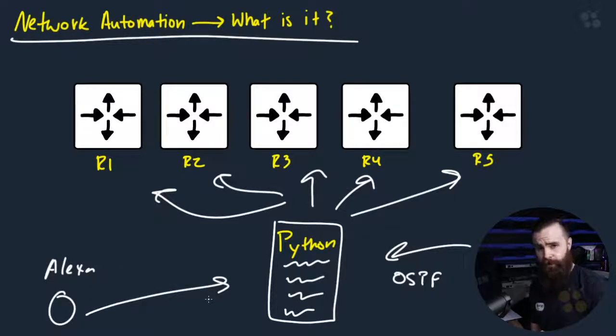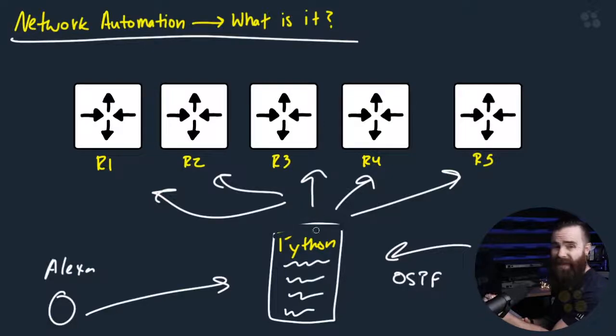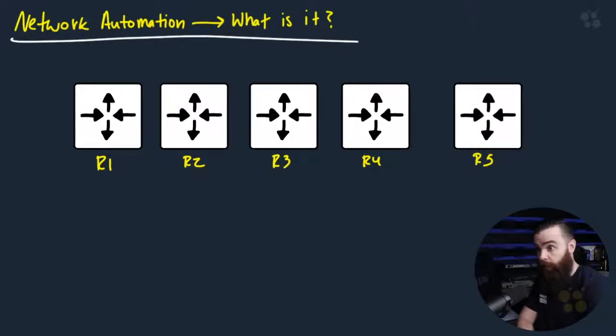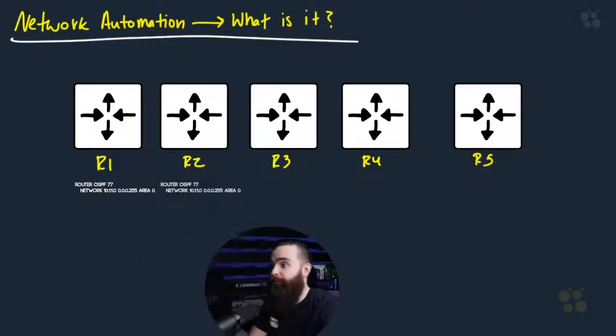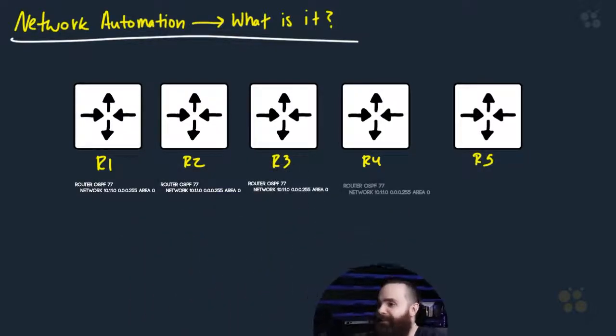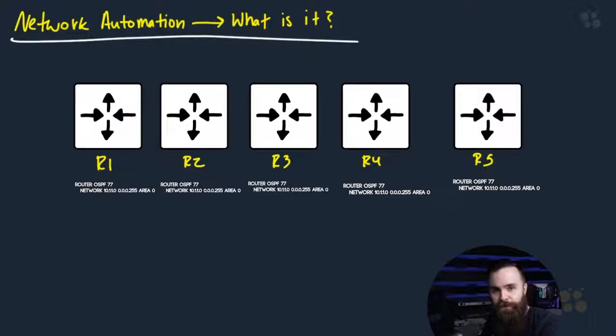So what is network automation? It's this, versus what we would traditionally have to do. So let's erase the Python. The traditional way would be me logging into each device and going, configure, configure, configure, individually, right?